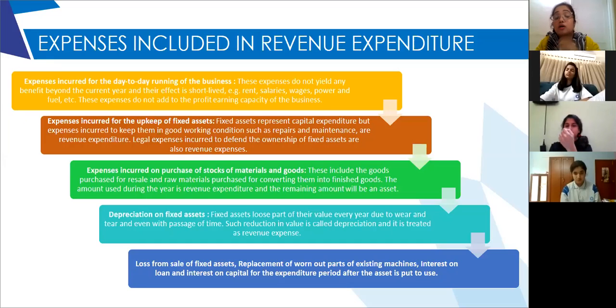They are not expenses whose benefit you're getting for a very long period of time, like in capital expenditure. In capital expenditure, the benefit is exhausted over more than one accounting year. That's what we learned under capital expenditure. It is non-recurring in nature, but revenue is recurring in nature.